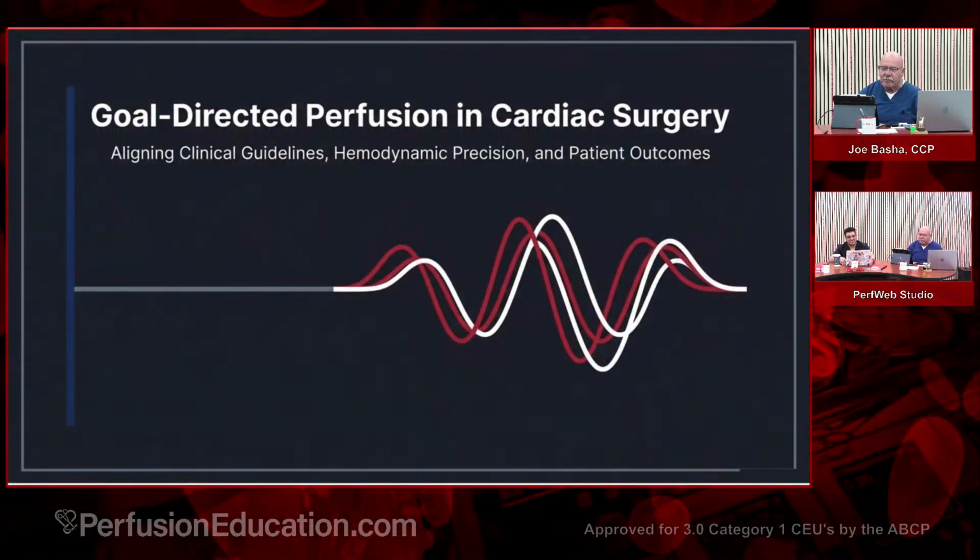With all of that said, our first lecture, we'll go ahead and jump into it, is goal-directed perfusion in cardiac surgery. Goal-directed perfusion sounds very lofty, but what does that really mean? What are the goals? The goals could be a whole variety of things. Sometimes I go to work and I just think my goal today is to not kill the patient.